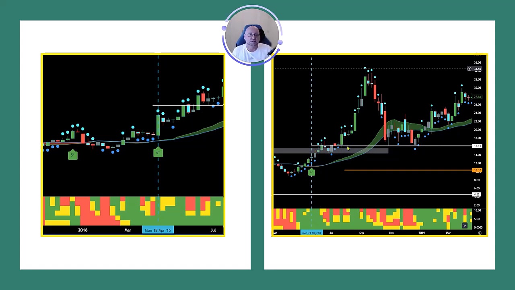So 16.13 entry, and obviously then we get that average holding position of 10.37. So there's the entry, there's all of the 6 time frames green, and again the same here in 2018. Very, very simple rules, and just one of those longer term investment strategies that you can use the xBrat algo for.